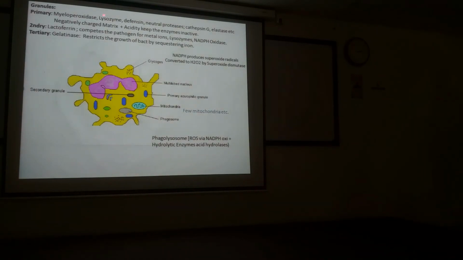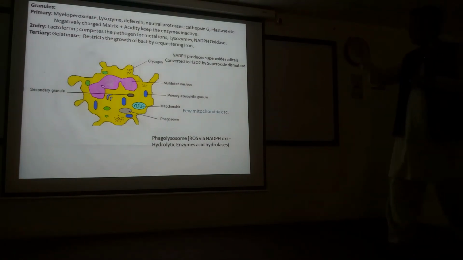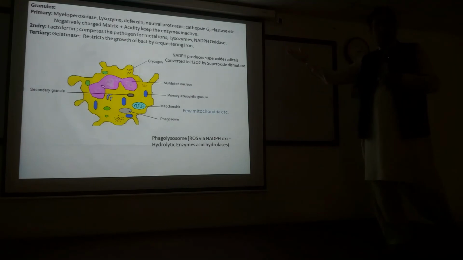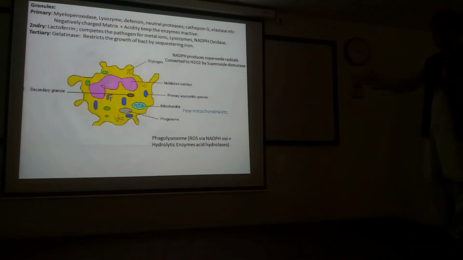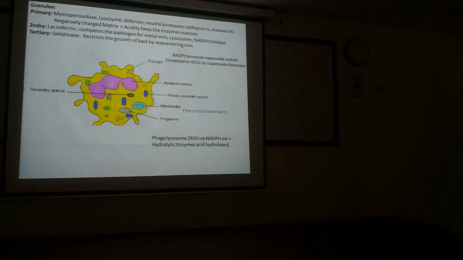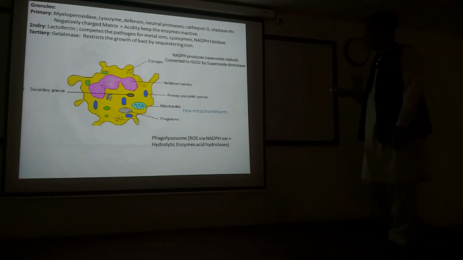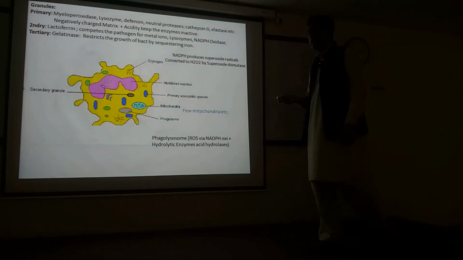And those granules are going to compete for ions, the irons, for instance, and these granules also contain different types of lysozymes. This contains NADPH oxidase, which is going to give rise to hydrogen peroxide.